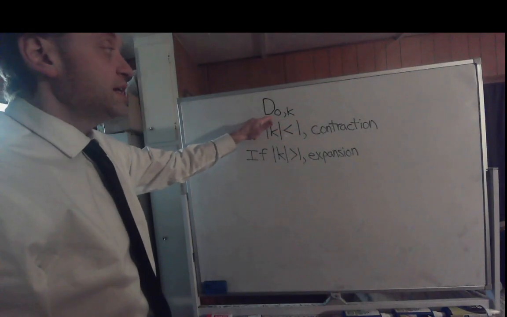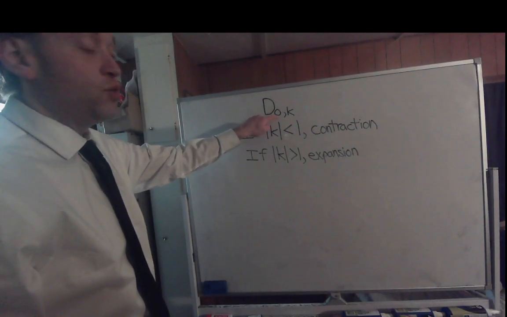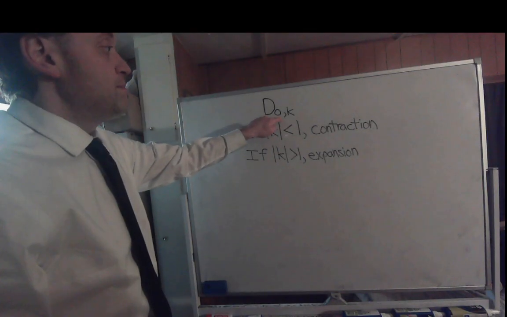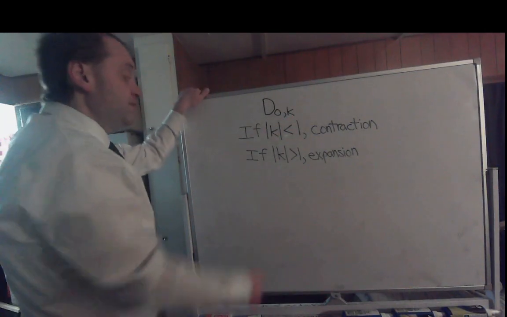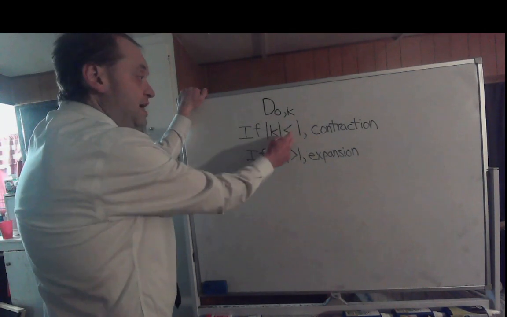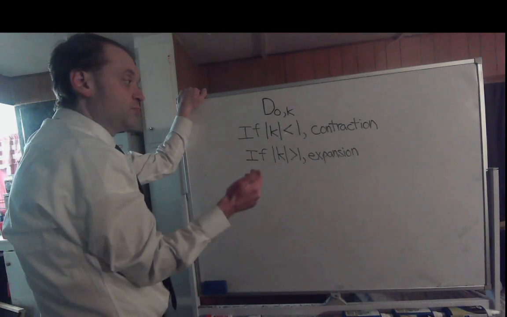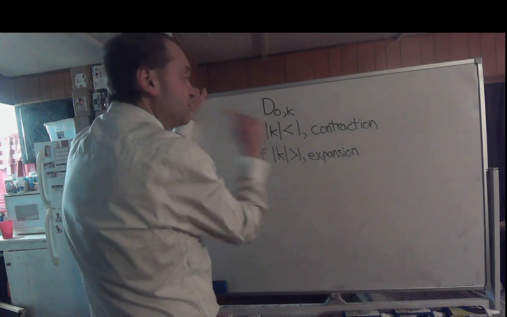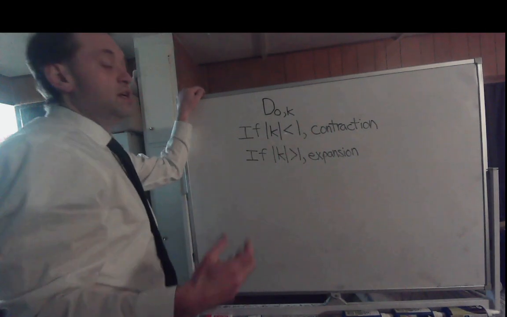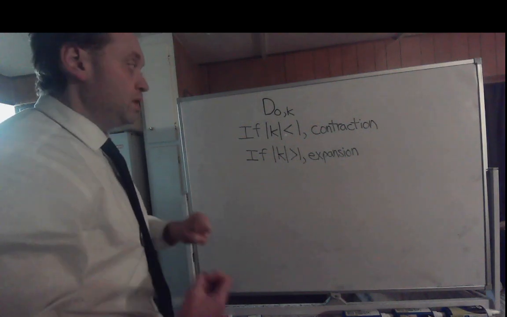So it's a dilation through the origin at point O of K units. Now, if the absolute value of that K, that scalar multiple, is less than 1, you have what's called a contraction. So it shrinks it if it's less than 1.